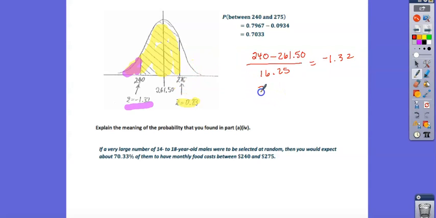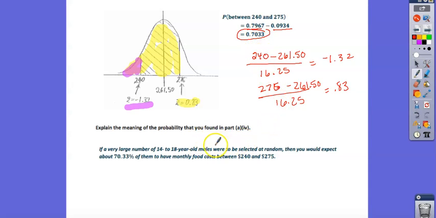This one, 275, sorry, minus 261.50 divided by 16.25, and you should get about 0.83. I'm going to use these values in my table, and I'm going to subtract the second one, and that's how I get my probability.